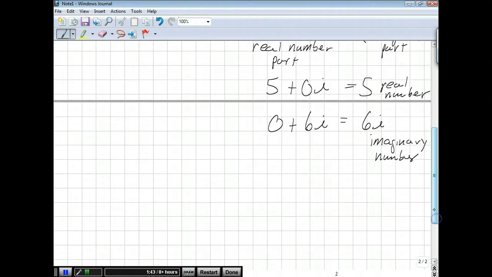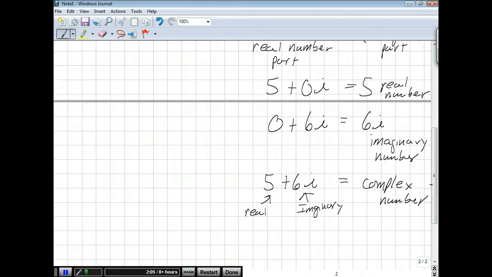But if I have something like 5 plus 6i, well, that has a real number component and it has an imaginary component, and so we say that this is a complex number. Okay?